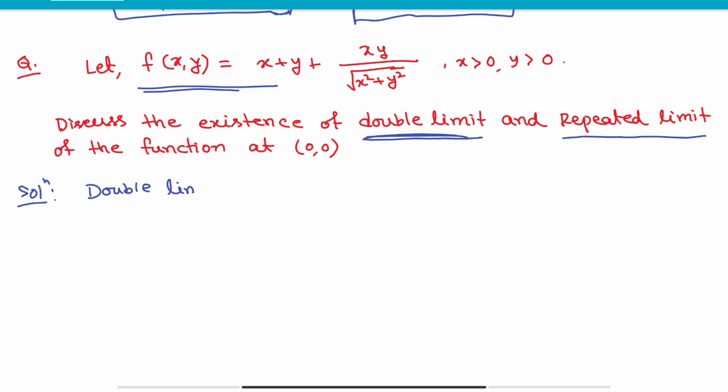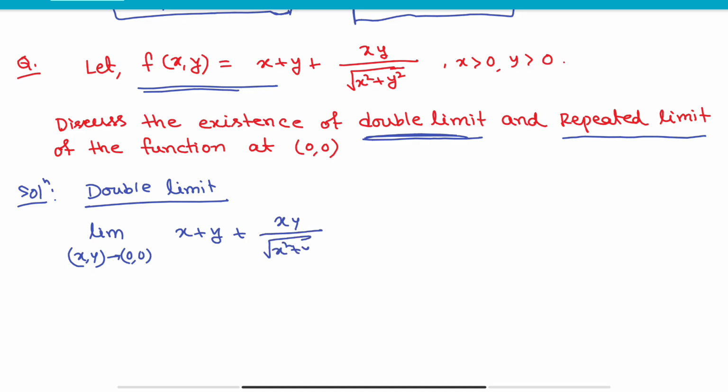Double limit. So limit x comma y tends to 0 comma 0, f of x, y means x plus y plus xy by root over x square plus y square. We have to choose y equals to mx. Here the degree in the numerator is 2 and in the denominator the degree is 1.